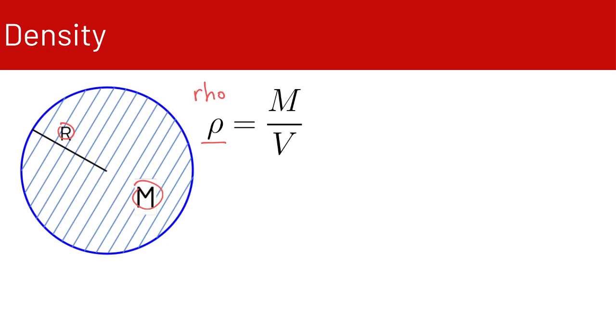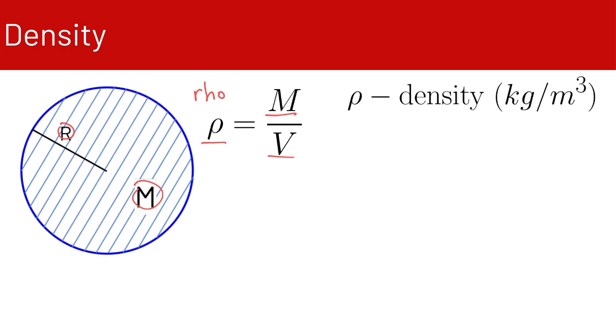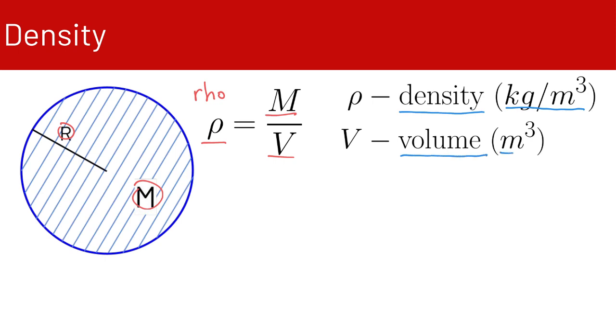So rho is equal to the mass of the object divided by its volume. So we have rho is equal to density, in kilograms per meters cubed, and volume is V, which is in meters cubed.